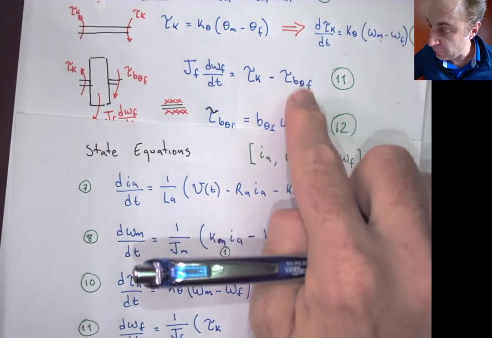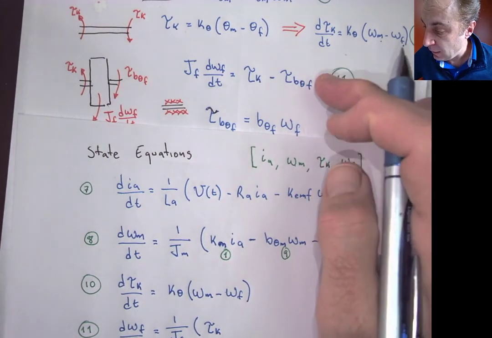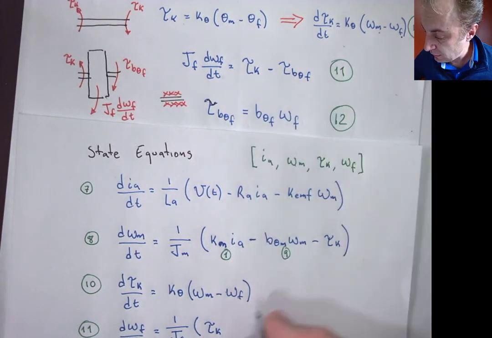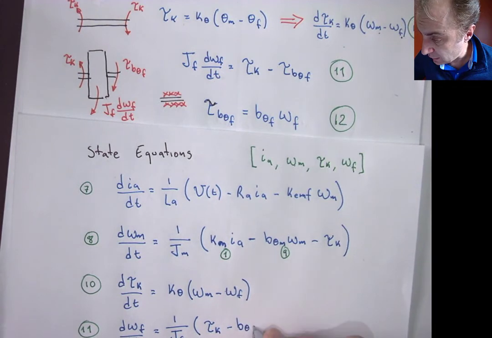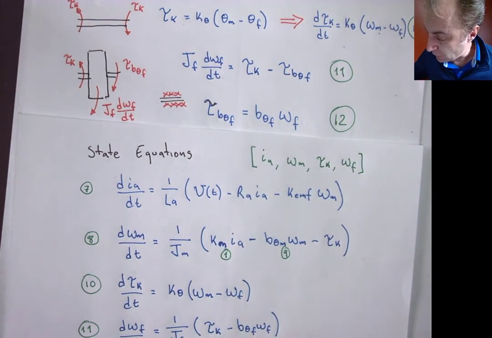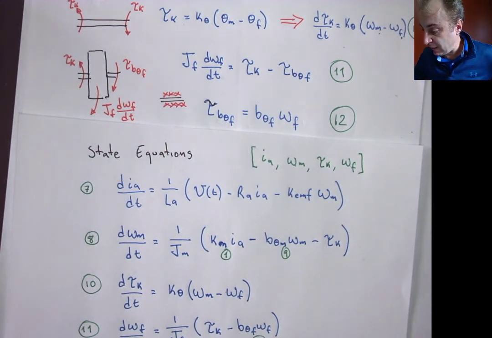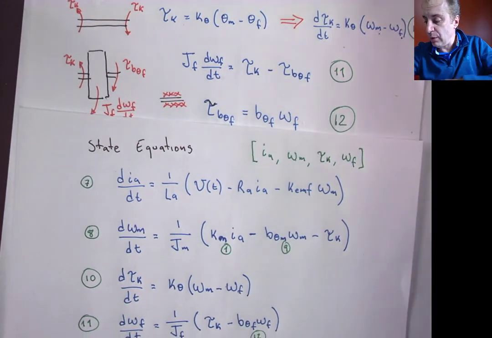And then we have minus τ_Bθf, and that is the friction, and that comes from equation 12, so we can substitute that, B_θf ω_f. Okay, so now we have all the state equations, so now we can create our state model with the state equations.